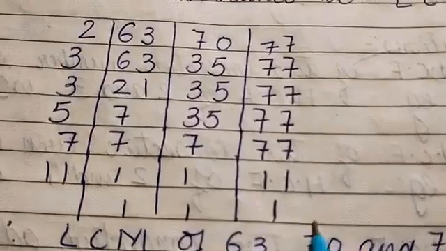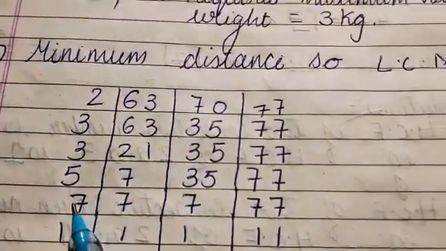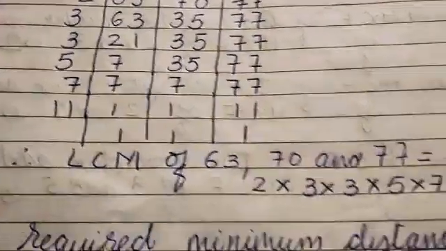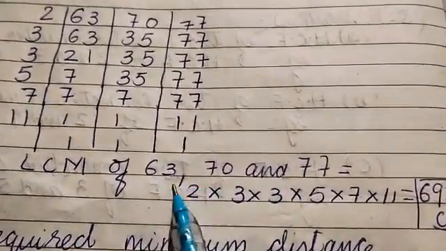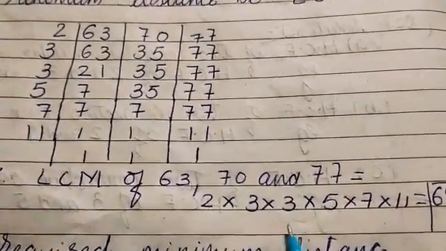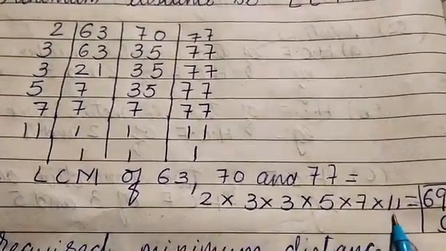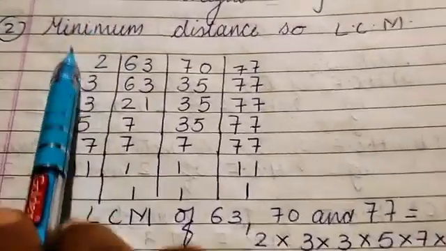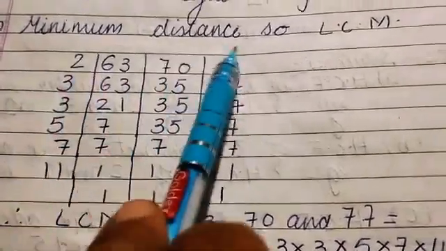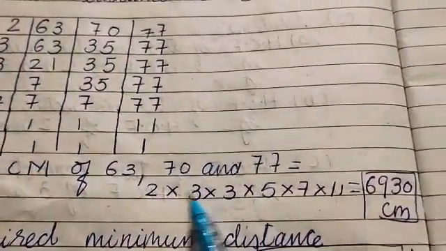So 1, 1 and 1. So this is the LCM of our 63, 70 and 77. The LCM of 63, 70 and 77 will be 2, 3, 3, 5, 7 and 11. Now multiply this.